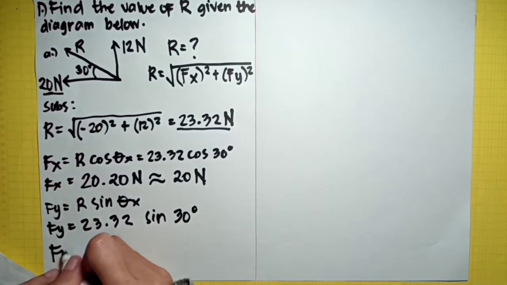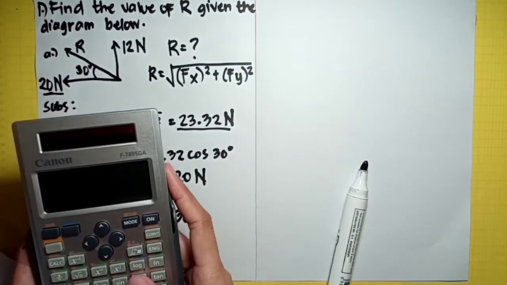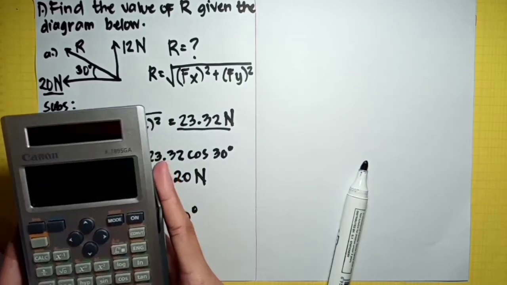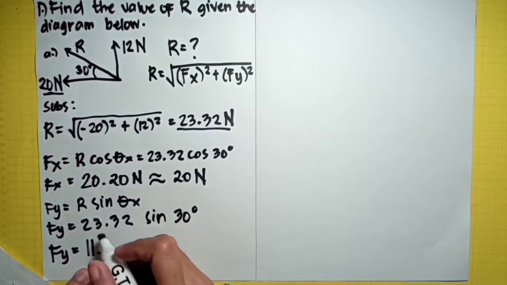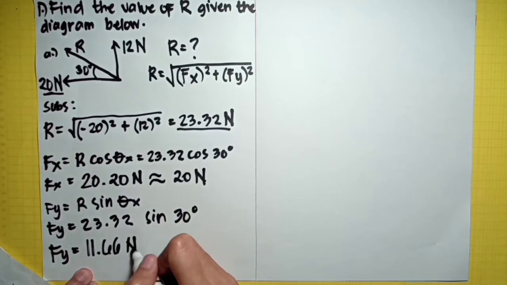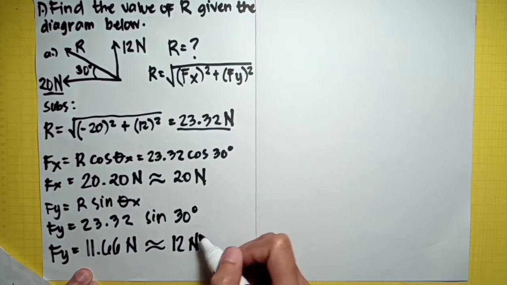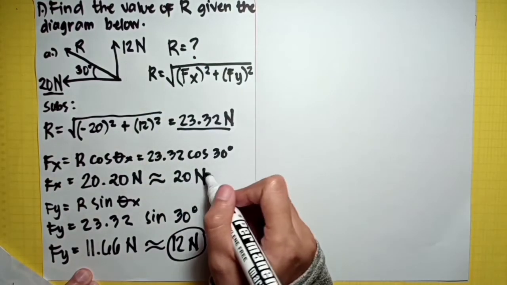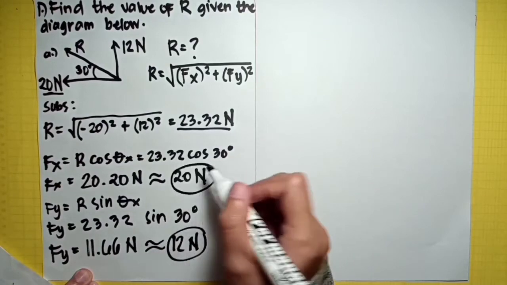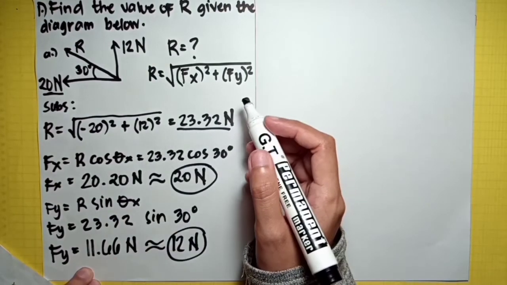So, ngayon, ang magiging F sub y ay 11.66 Newton, which is also equals to 12 Newton. So, the same sa given value na 12 Newton. So, tama. Ang value natin, which is value ng resultant, which is 23.32.